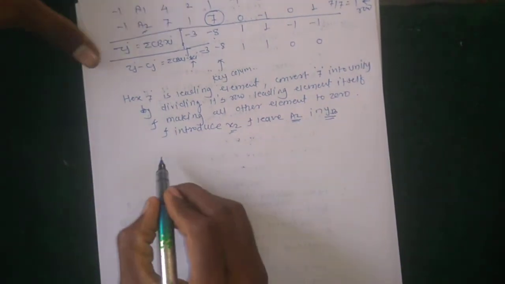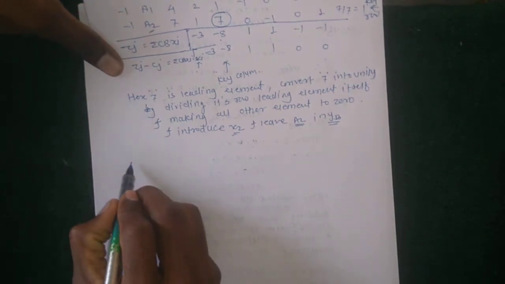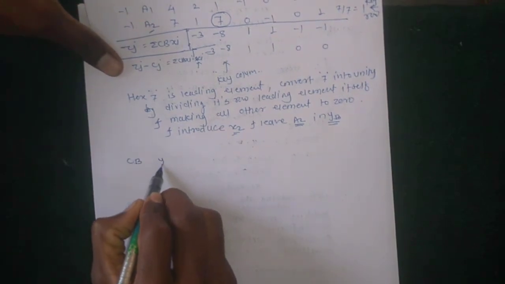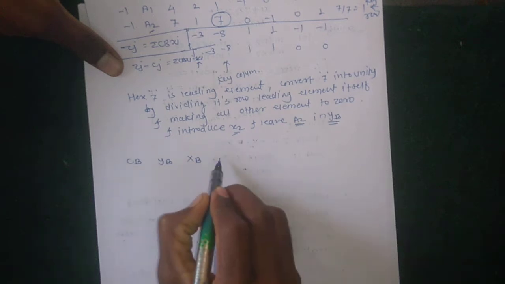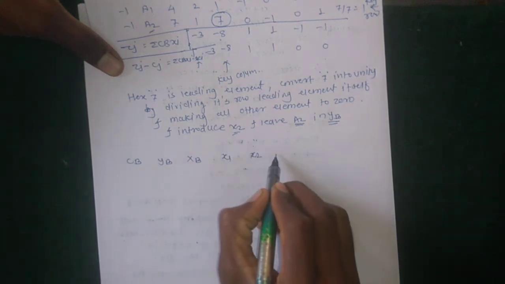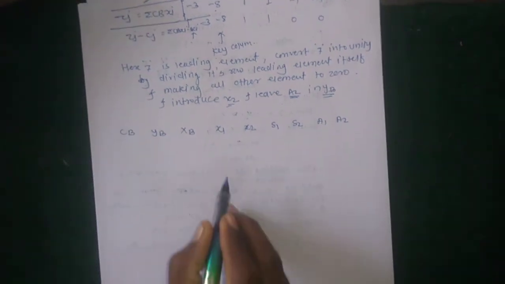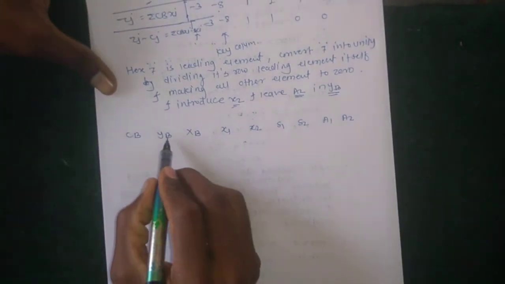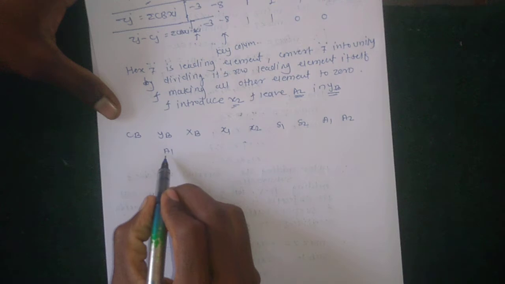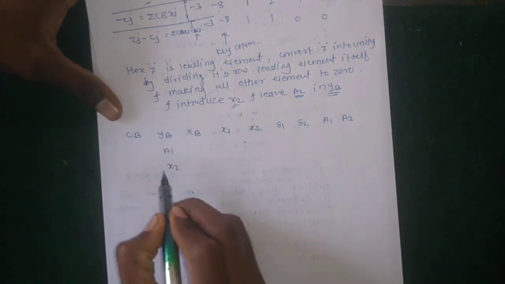So therefore the next simplex table is cb, yb, xb, then x1, x2, s1, s2, then a1, a2. For the basic variable column, a1 and for the second is x2.